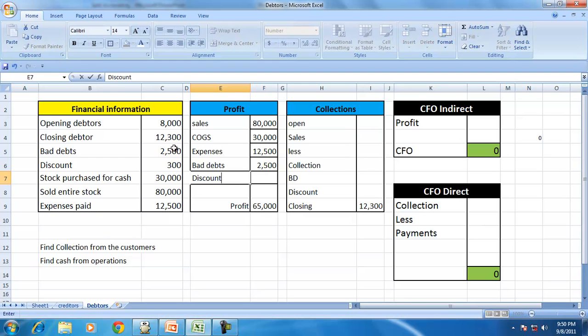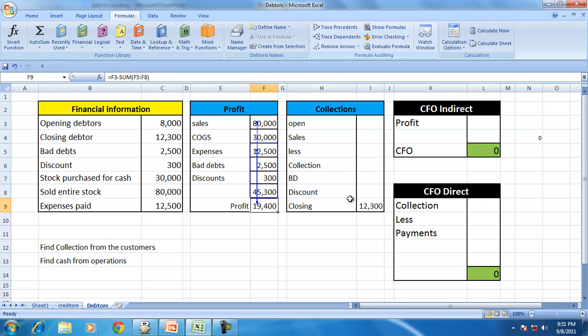Discount to the customers is an expense or a loss. So the total expenses is 45,300. So the profit for the period is the sales minus expenses.